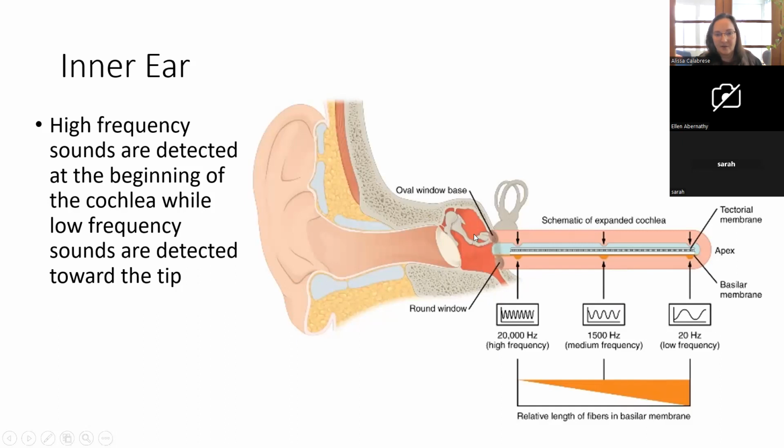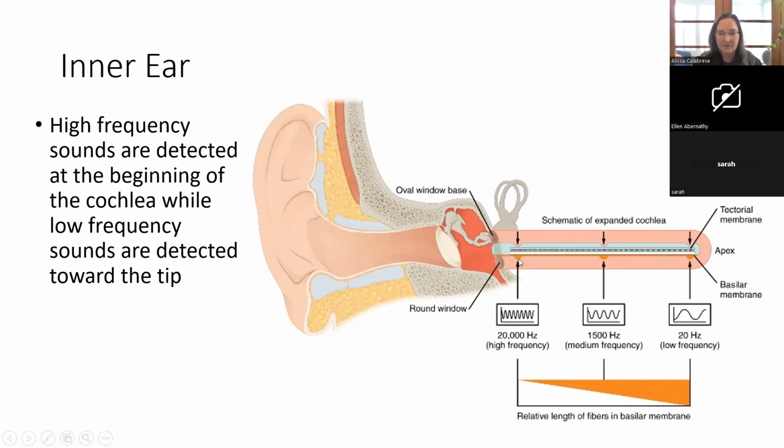So when the sound waves come through, the stapes hits on this oval window, and that starts a wave of fluid, right? The inner ear is fluid, the middle ear is air. The wave of fluid is going to trigger the hair cells on the organ of Corti, and different frequencies are going to be interpreted at different places within the cochlea.